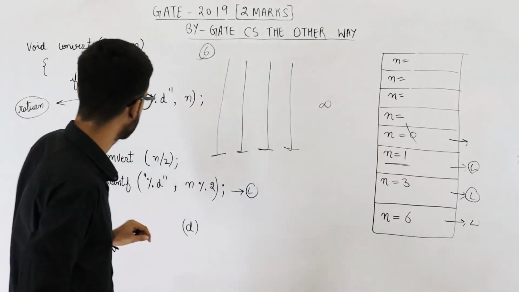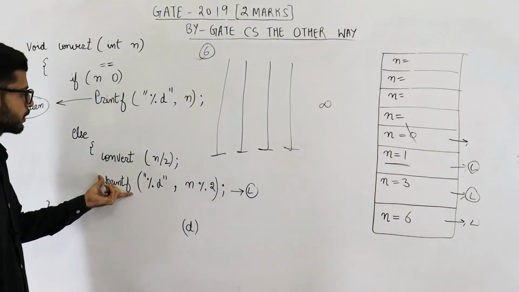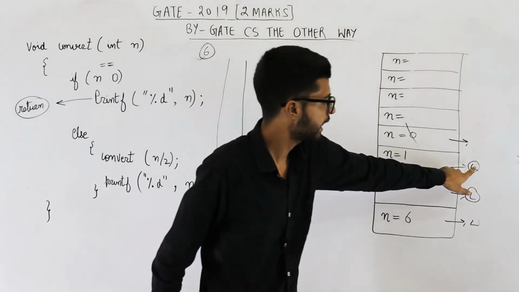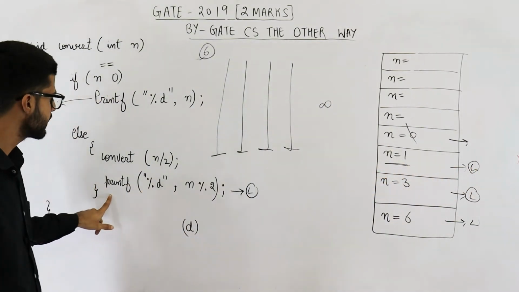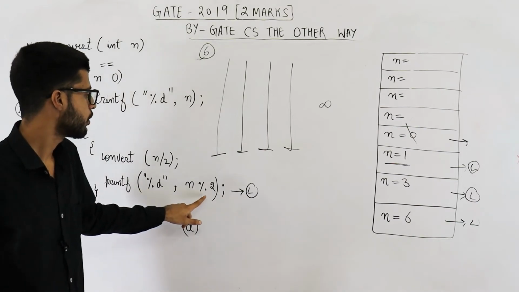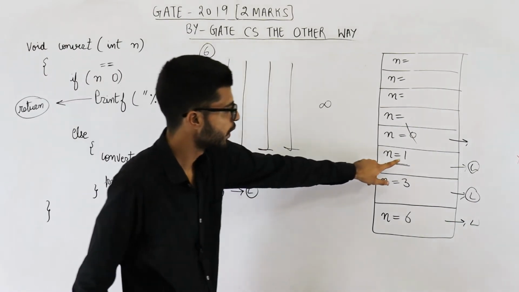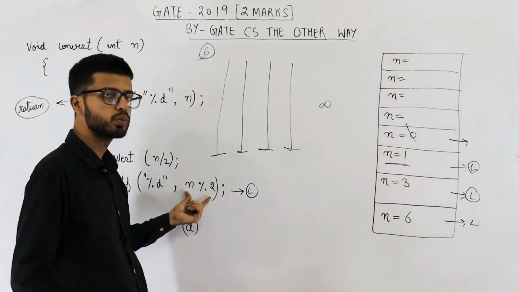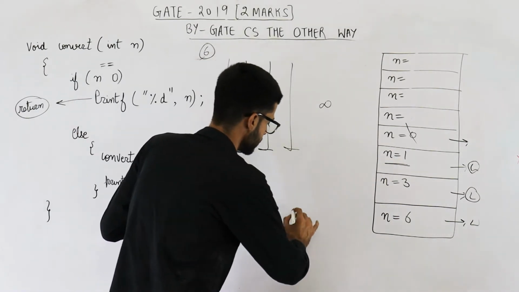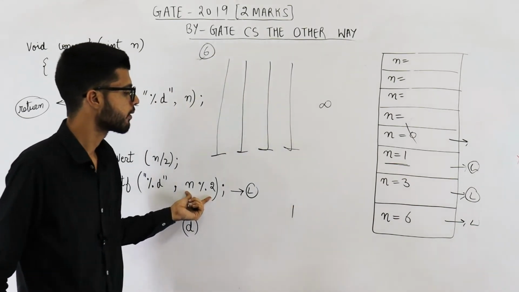Now what will happen? This line will be executed. See, line number L is remaining for this function, so execute line number L. Printf n modulus 2. So 1 modulus 2 means divide n by 2 and print whatever is the remainder. Remainder is 1. Okay.